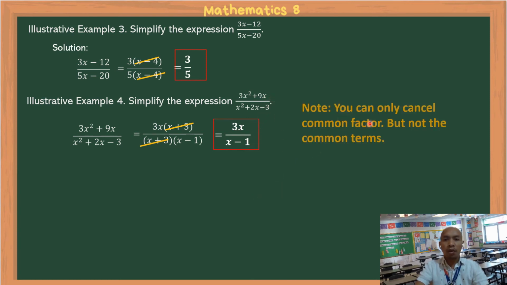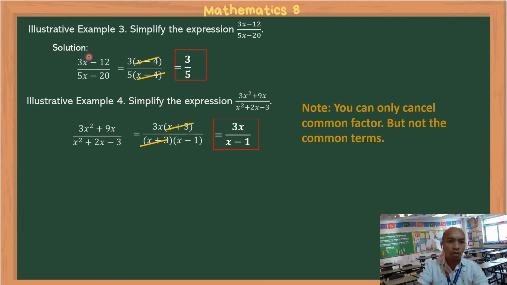Note, we can only cancel common factors but not common terms. In this case, in example number 4, we cannot cancel x and x because x in the numerator is a factor, while x in the denominator is a term. So you cannot cancel x in the denominator and x in the numerator. Same is true here.